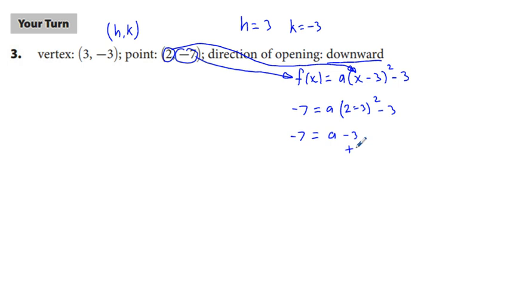We add 3. So a is equal to negative 4. So our function is going to be f of x equals negative 4 times quantity x minus 3 squared minus 3. So that'd be it.